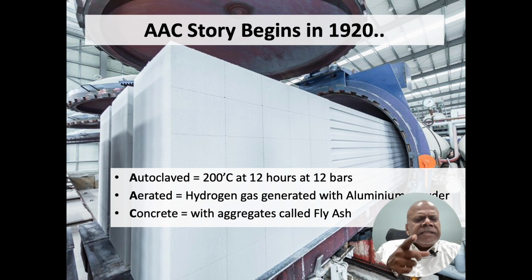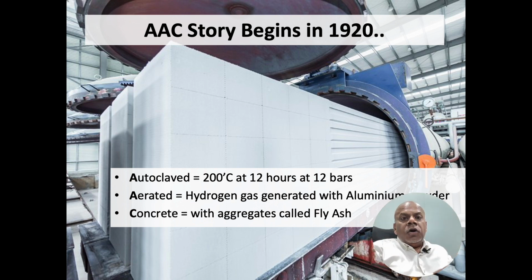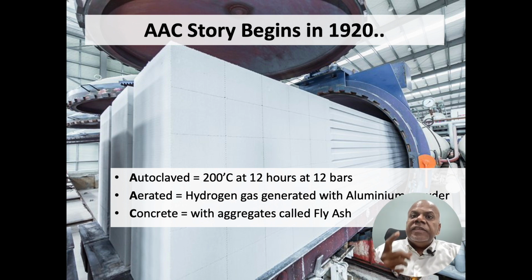The big vessel which you see on your screen is the long autoclave in which the blocks are kept inside, the doors are closed, and you give a pressure with steam, 200 degrees centigrade temperature and 12 bar pressure. So you can call it a pressure cooker. We all have a pressure cooker in our kitchens.